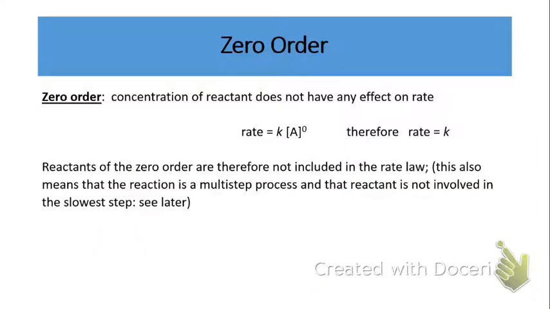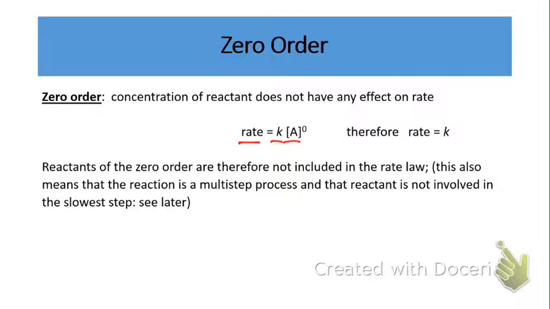To begin with, we're going to look at a zero order reaction. Remember from part 1 that in a zero order reaction, the rate law expression is simply the rate of the reaction is equal to the rate constant times the concentration of the reactant raised to the zero power, or the zero order.